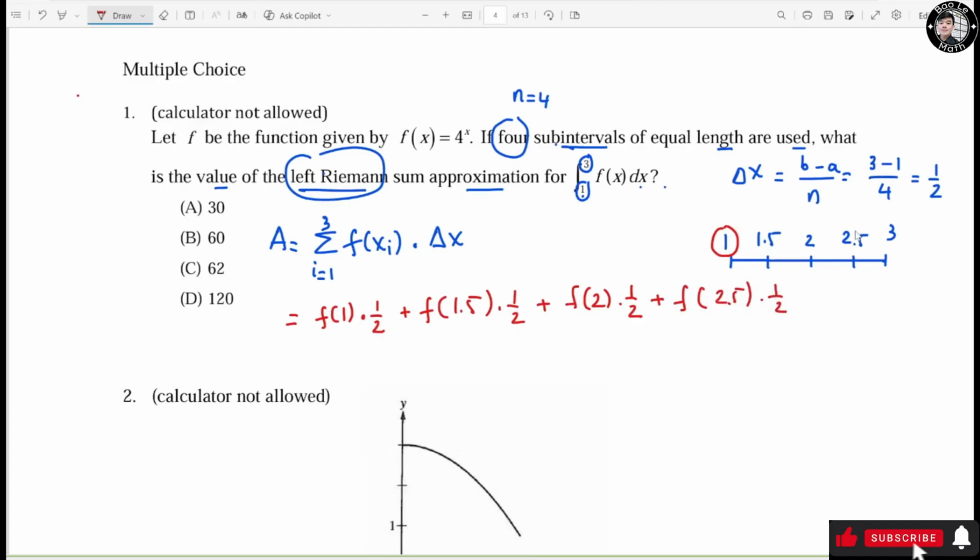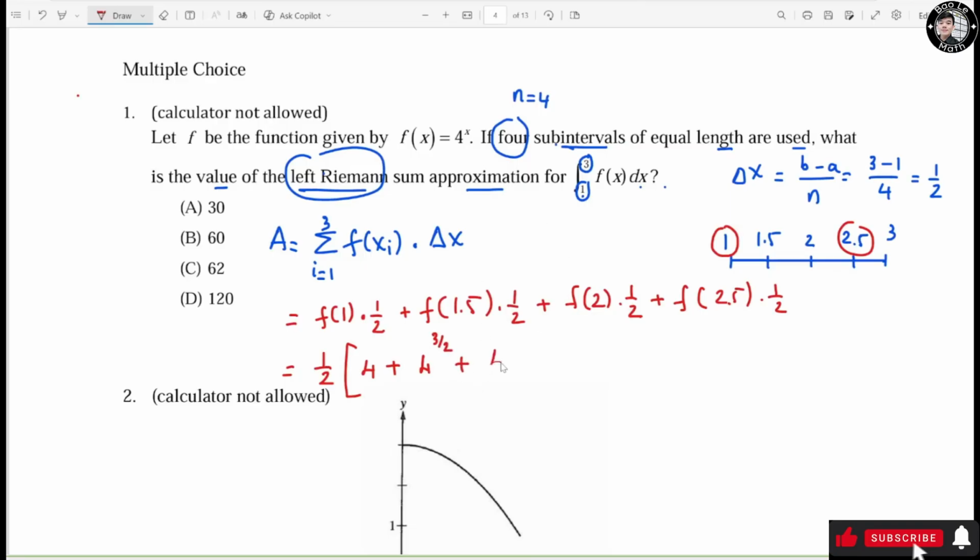We stop right here. So we're going to factor 1/2 out. Now f of 1, substituting 1 for x, is 4. Plus f of 1.5, which is 4 to the power 3/2, plus 4 squared, plus 4 to the power 5/2.